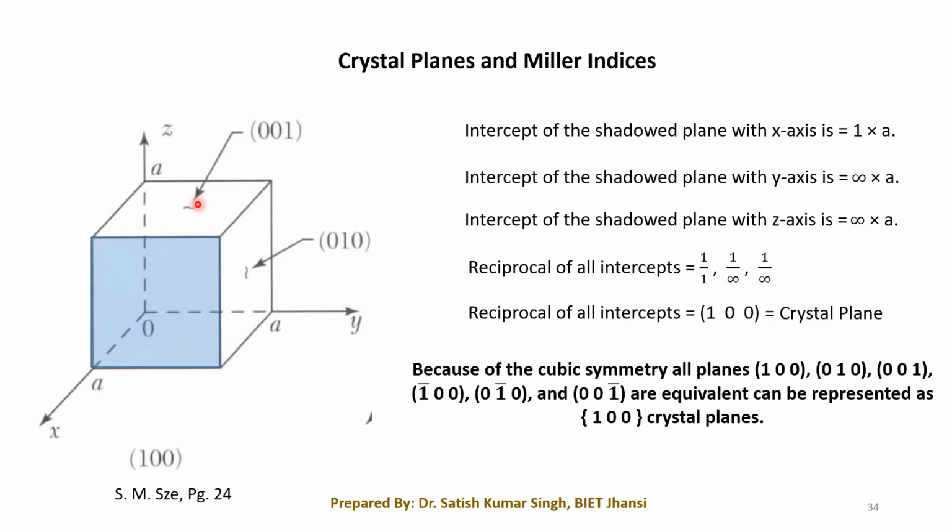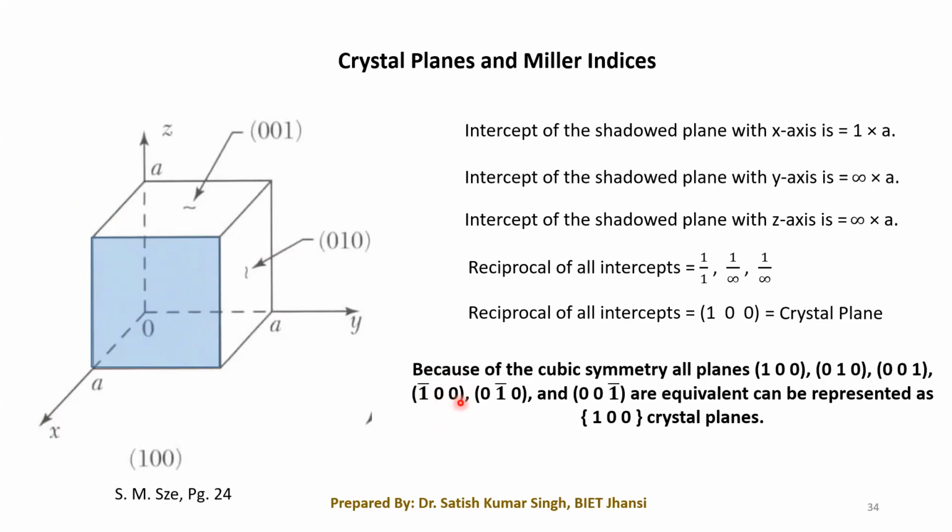And if I talk about a plane situated on the x-axis, just behind this particular cube at a distance of minus a, it will be placed somewhere here, at this location. When we have this plane at x equals minus a, parallel to yz, we get this particular plane, which is 1 bar 0 0.